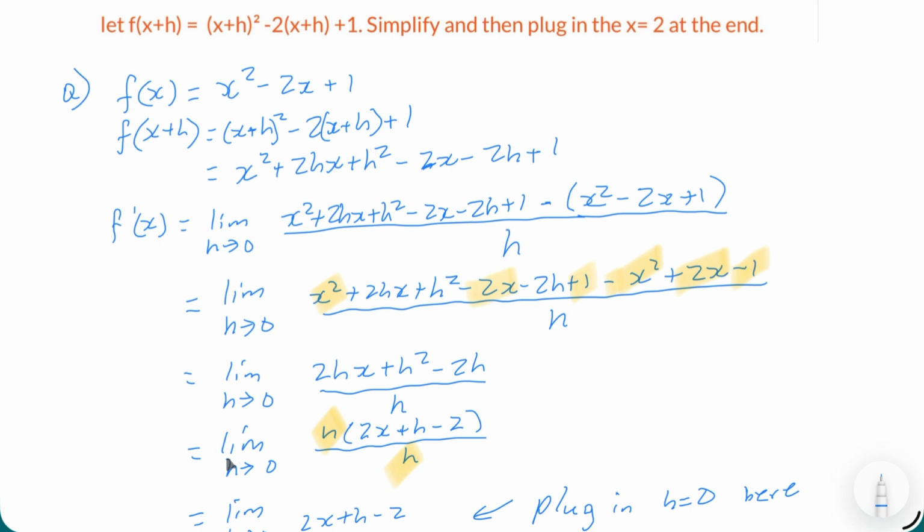You factor out the top now. h is in all the terms, so we factor out the h, bracket 2x plus h minus 2, all divided by h. Notice there's an h in the top that's factored out, and you only undo the factored out h with the denominator.